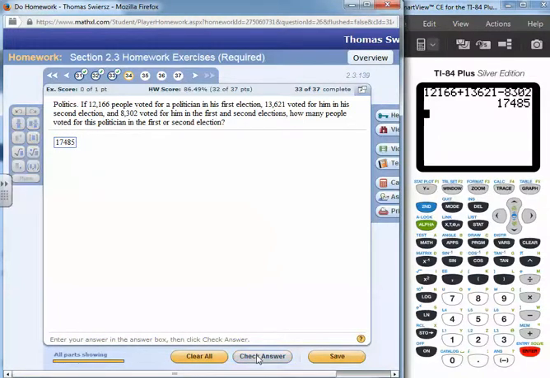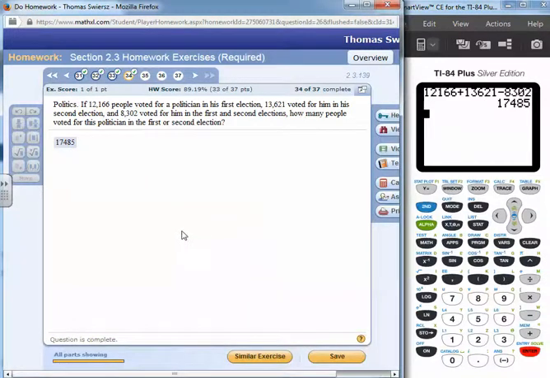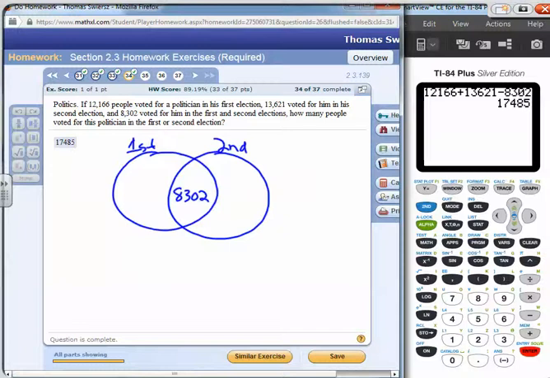All right, very good. Or you could, of course, draw a Venn diagram. If you draw the Venn diagram, you have the first election and the second, and 8,302 are in both, so you have to put that in both.